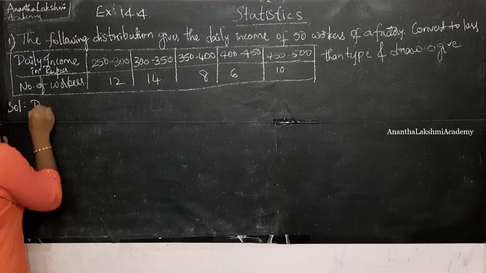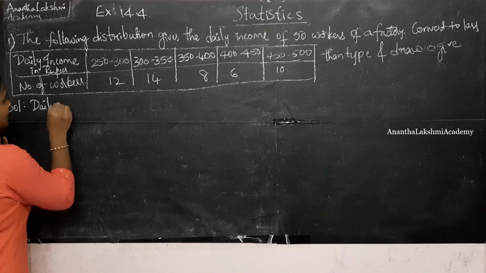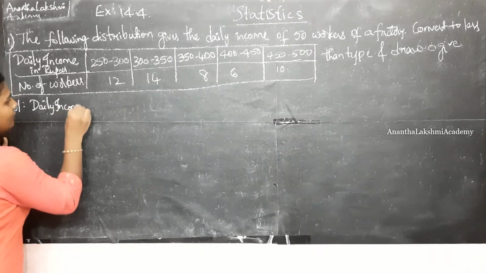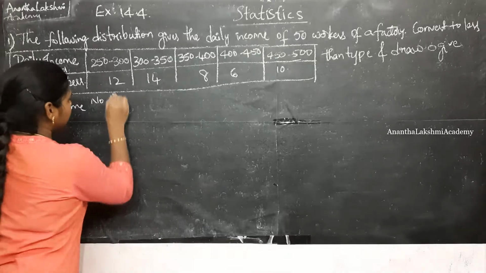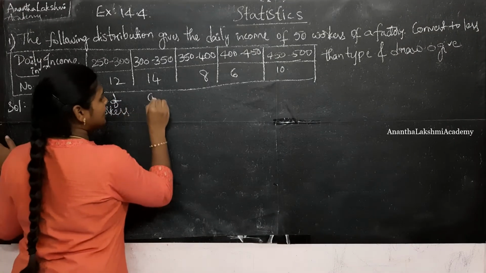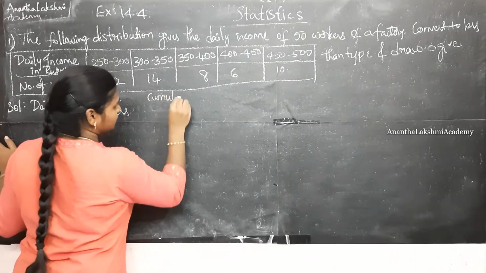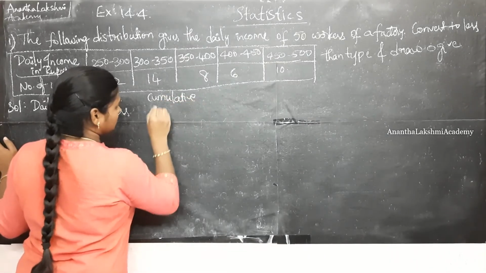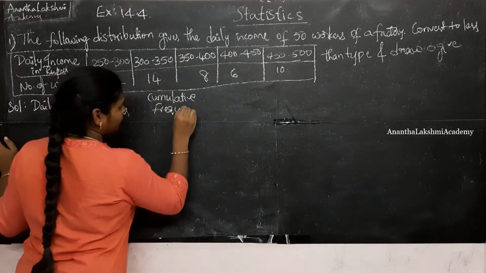Okay, first one is daily income, first column. Then we have number of workers. And the last column would be cumulative frequency. All right.